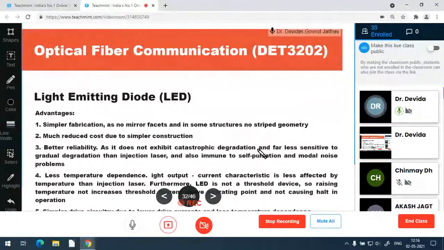So all this is achieved with the various effects, that is the confinement layers, electrical confinement, optical confinement, thin active region, double heterojunction structure, and the electrical flow confinement also. That is by burying the structure, by proton implantation, by making the reverse bias NP region, and by making the ridge-like structure. Okay.